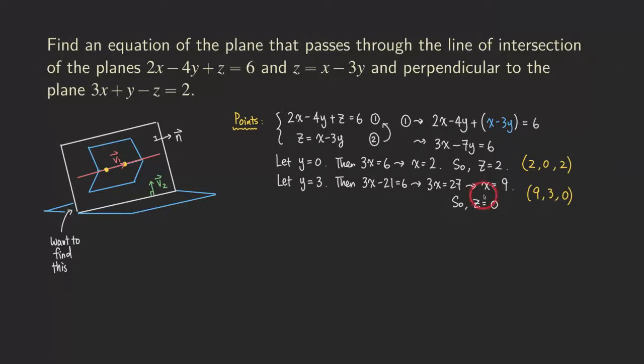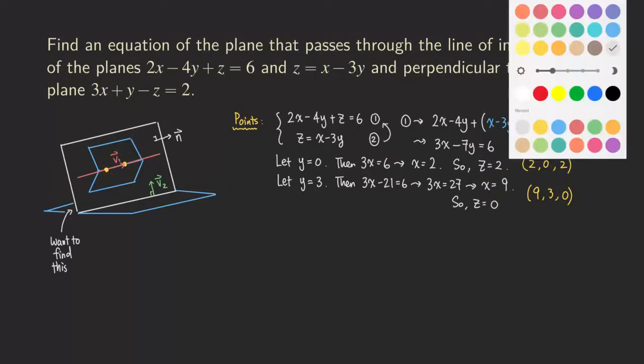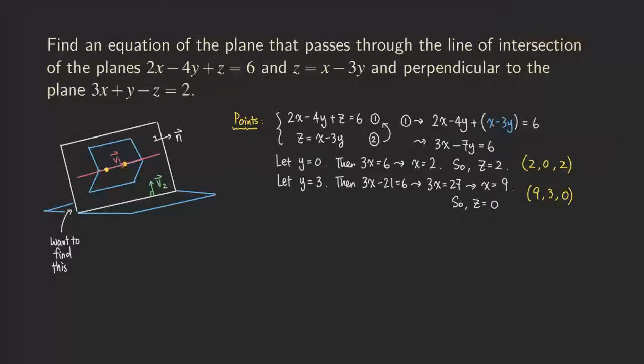Now what's next? The next thing about finding the 2 points is to find the vector, right? So the vectors that lie in the plane. So we want to find v1. Now let's find v1. v1 is one of the vectors that lie in the plane that we're trying to determine here. How do we find that? We subtract the points, right?